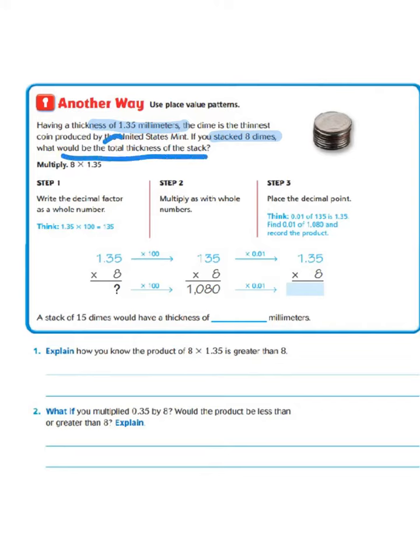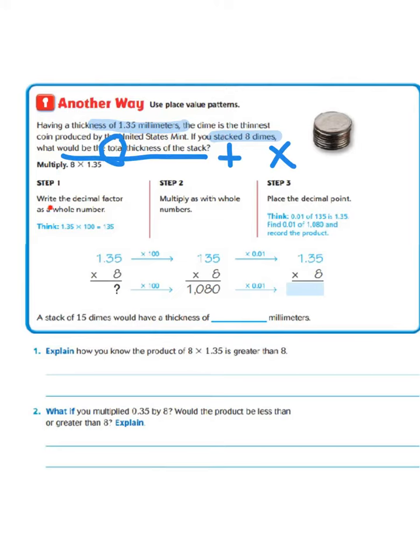We see that word total again, and we've learned that total is addition or multiplication. Now if we go back into our word problem, you'll see that it states if you stacked 8 dimes, so the 8 dimes will be 8 groups. So step 1 is to multiply 8 times 1.35.